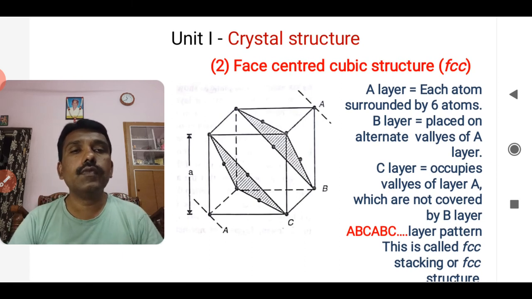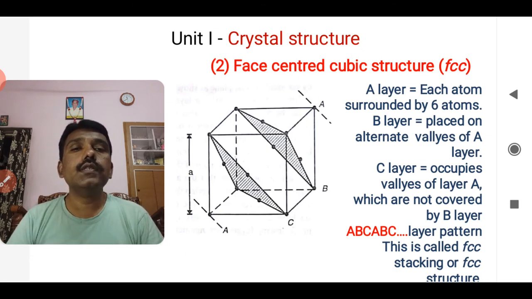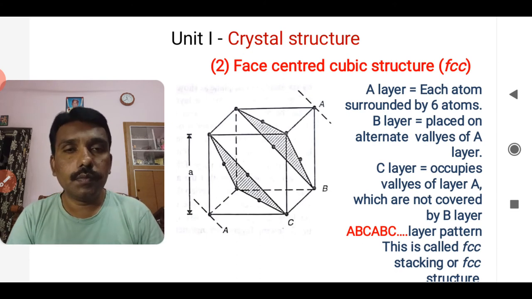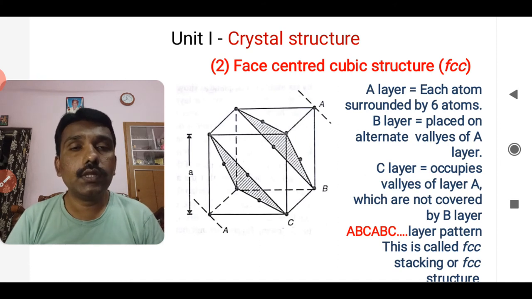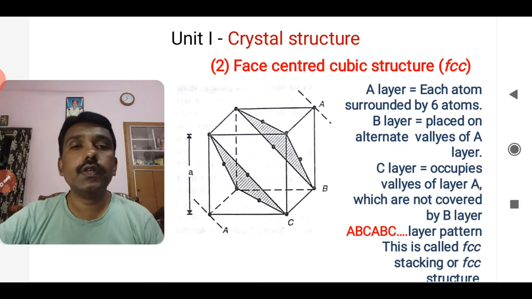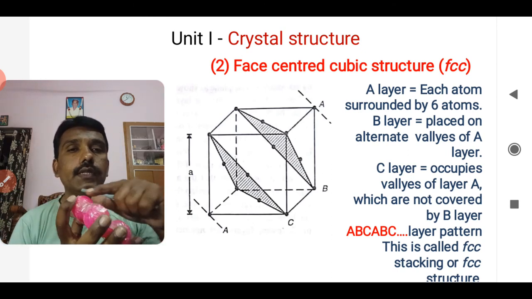The other one is the face centered cubic, that is the FCC structure. This is also under the close packed structures. So what exactly is the meaning of FCC, face centered cubic? Now, as far as the first layer is concerned, I will repeat: one atom is surrounded by six atoms.